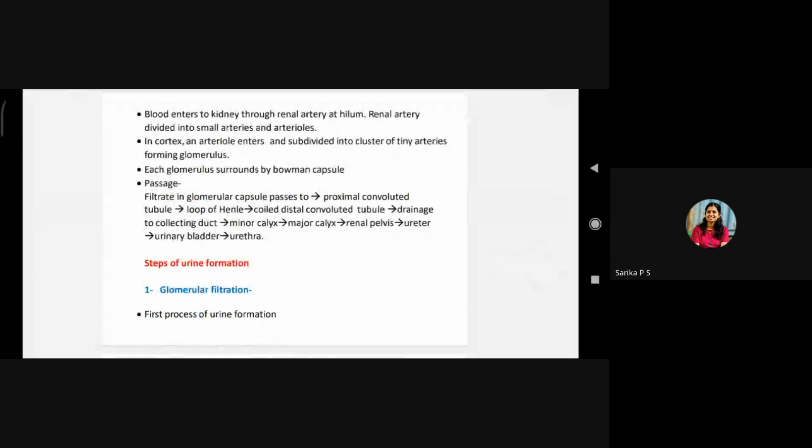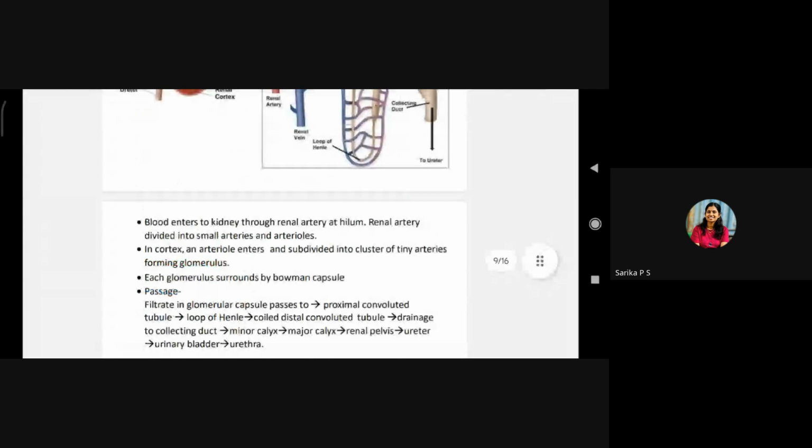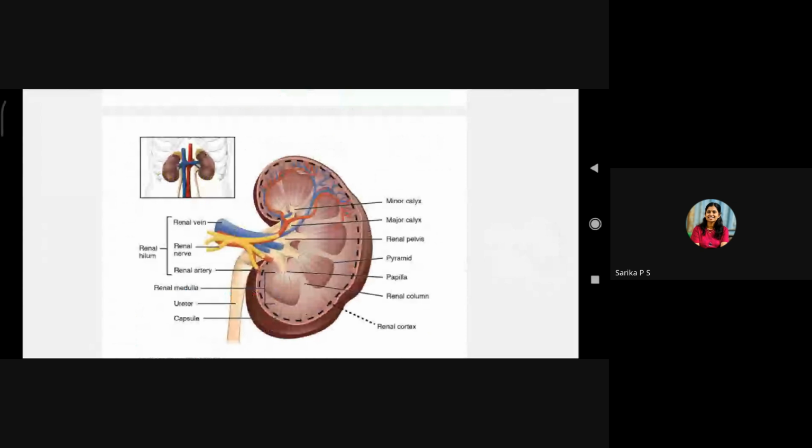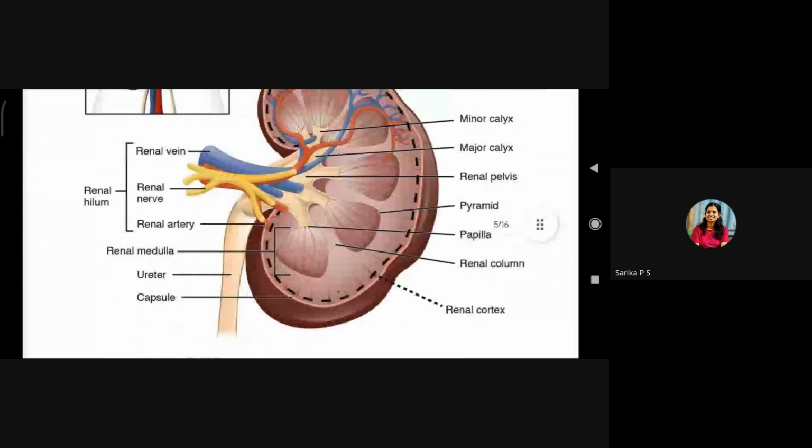Blood enters to kidney through renal artery at hilum. I hope you remember the terminology hilum we have seen. Yes, you can see in this picture this whole portion collectively known as hilum.